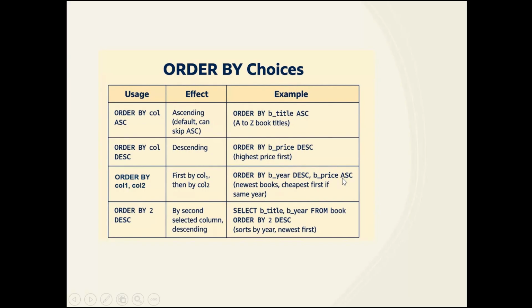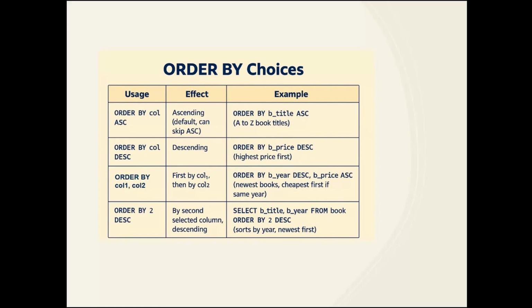For example, if we have some books in 2025 and some other books in 2024, we will see all the books of 2025 first, and these books will be ordered using the prices, the cheapest first. Same for the year 2024 and so forth.